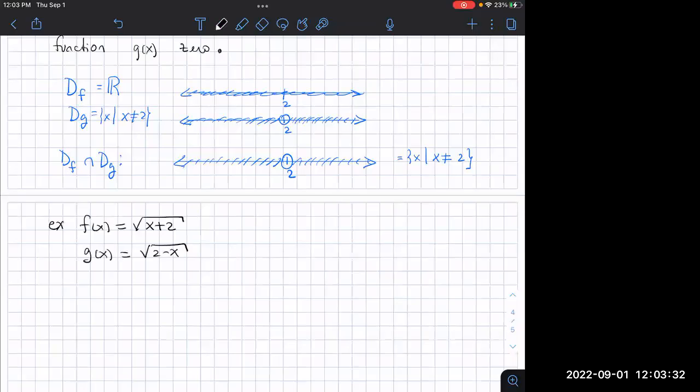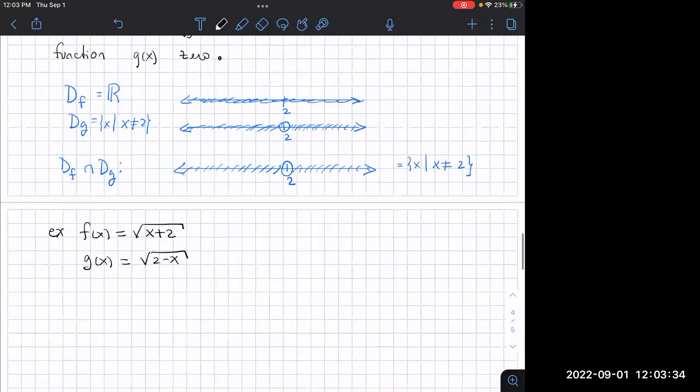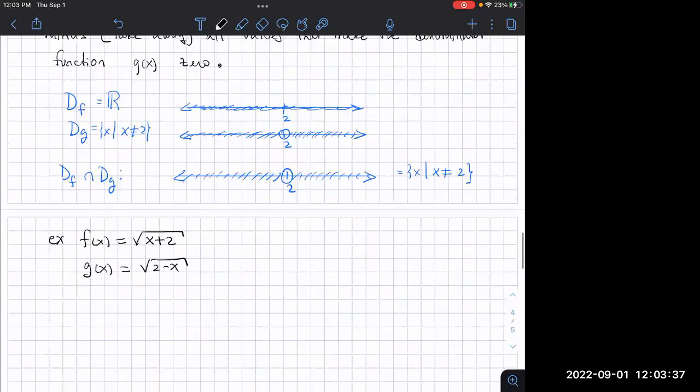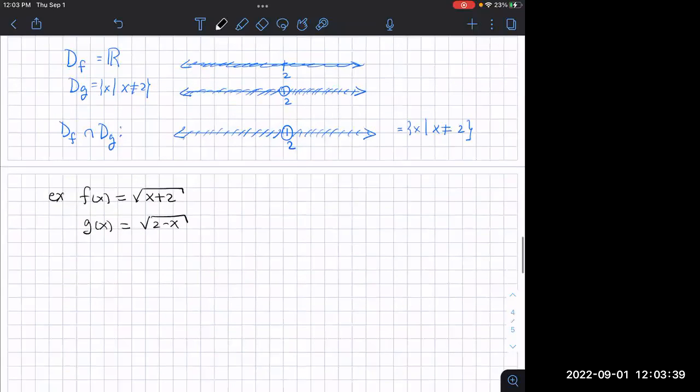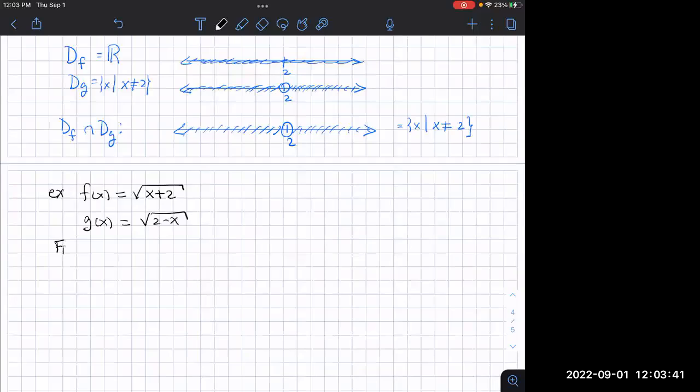So here we have two functions. Find the domain of f, the domain of g, and the domain of f intersection domain of g, so that we can understand the intersection.